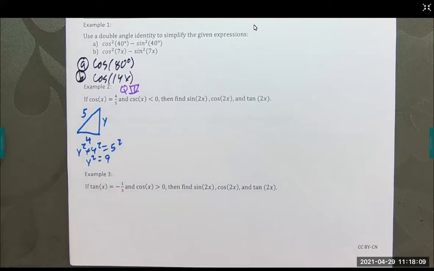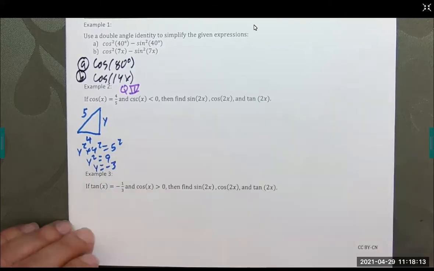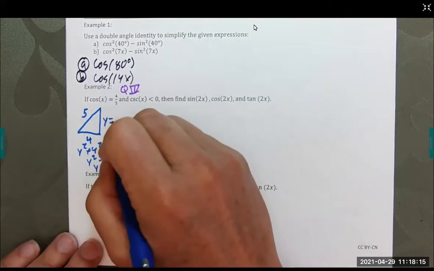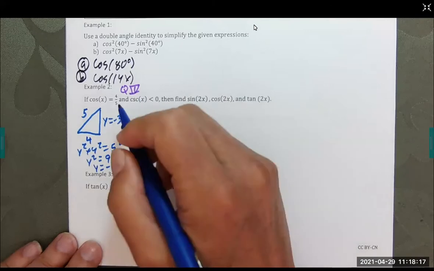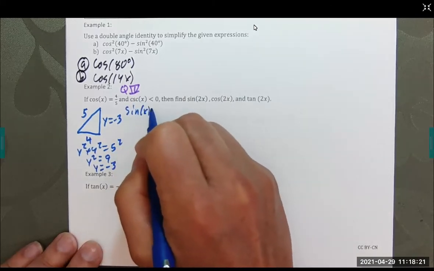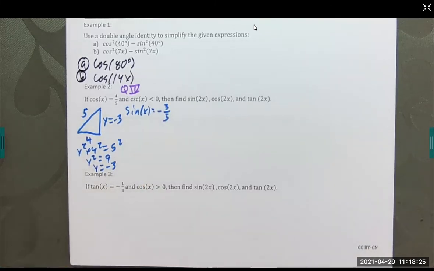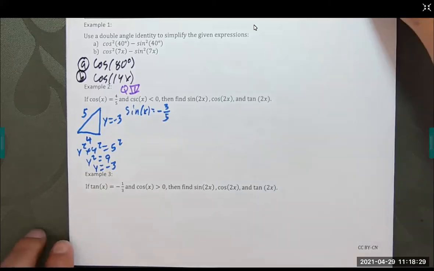And you know that y is negative in quadrant 4. So this is going to be y equals negative 3. Which means the sine of x is negative 3/5.